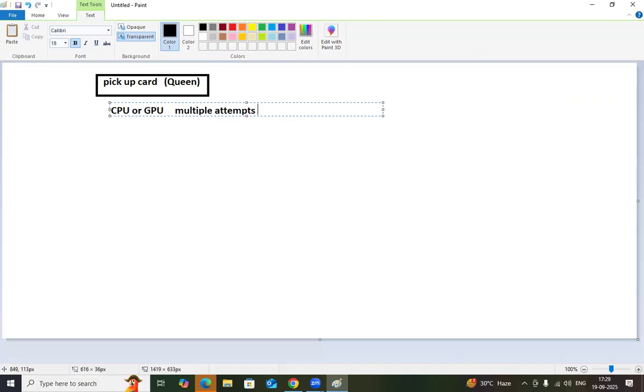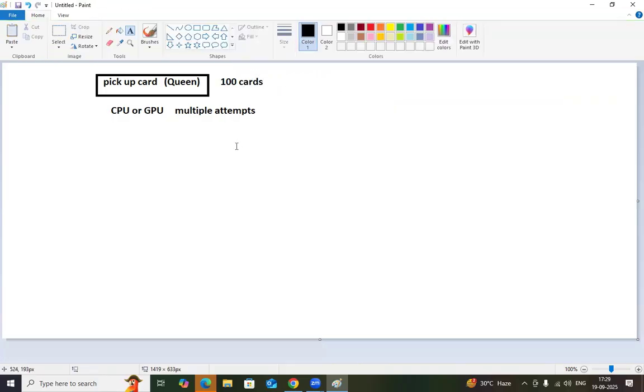For example, I am going to provide 100 cards. The first time, if the card comes, okay; if not, try one more time. CPUs or GPUs can do multiple attempts. That is called multiprocessing. A task can be done with multiple attempts or multitask processes.